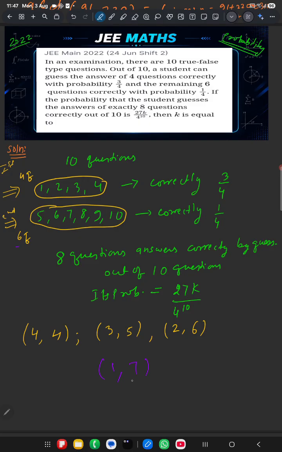You cannot select 7 questions. Similarly, if you want to select 5 questions from the first group and 3 questions from the second group, 5 questions are not available here. You have only 4 questions. That is the reason we will take only 3 combinations. I hope this is clear. So I will just rub it.